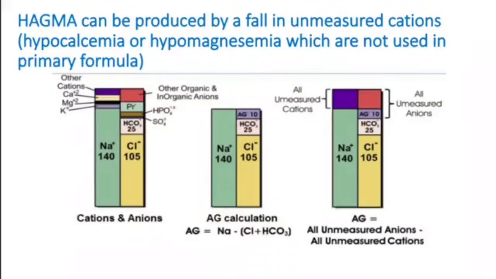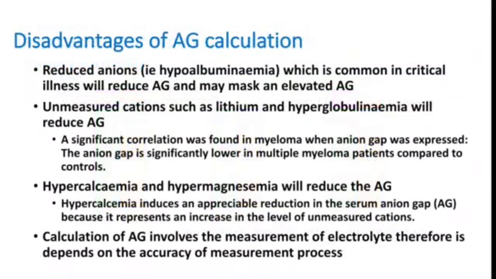Now we'll see the disadvantages of anion gap calculations. Reduced anions, that is hypoalbuminemia, which is common in critical care illness, reduce the anion gap and may mask the elevated anion gap that we have already explained. Unmeasured cations such as lithium in depressive patients and hyperglobulinemia, like in multiple myeloma, can also reduce the anion gap.